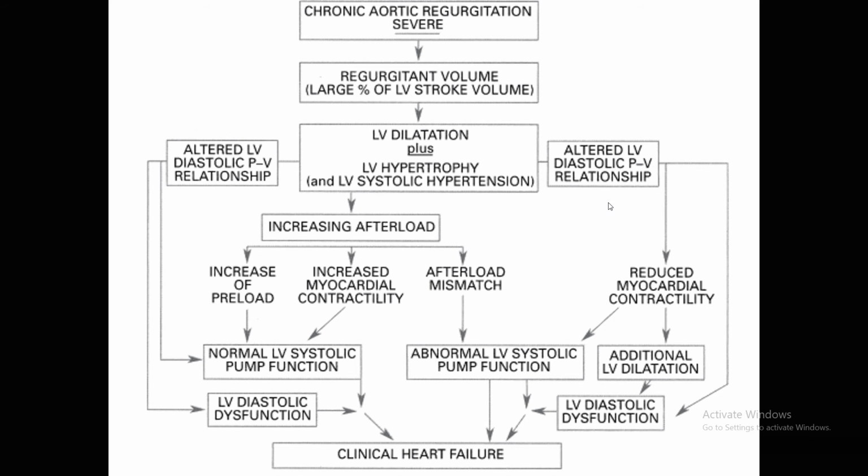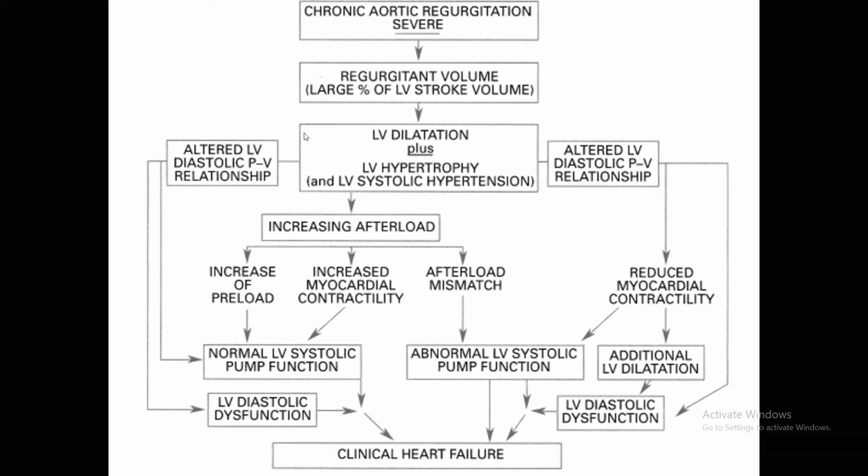The outcome of this disorder, especially severe chronic aortic regurgitation, includes an increase of the volume because of regurgitant volume, left ventricular dilatation plus left ventricular hypertrophy, and left ventricular systolic hypertension.